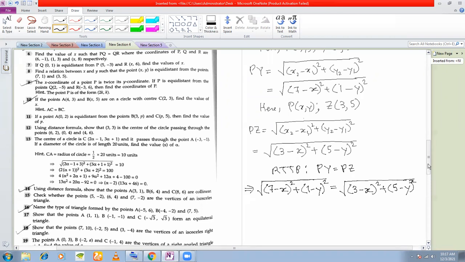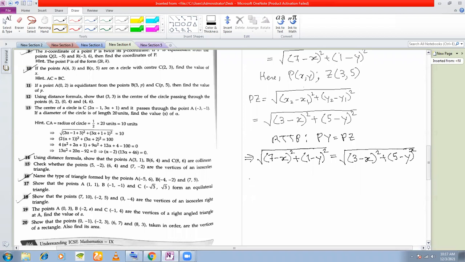They're simply asking you to find a relation between x and y in this question. So what are you going to do? First of all, you're going to remove the radical. Square both sides. The square of this is equal to the square of this. Because we have squared both sides, now we can remove the radical easily.